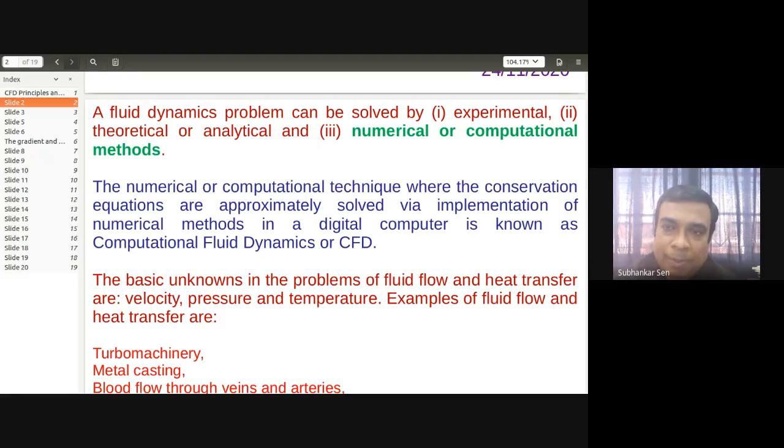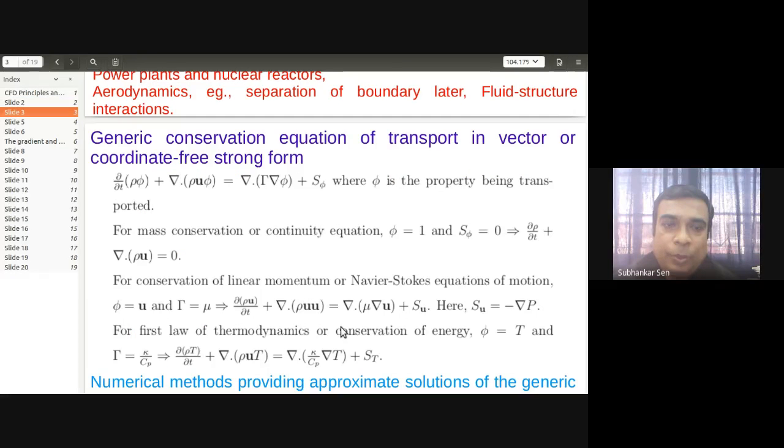But you have to remember that the solutions we get by using CFD are approximate solutions, not exact solutions. Suppose this is the exact equation, known as the continuum equation. By continuum equation, you must know about the fluid continuum. By fluid continuum, we mean continuous mass.